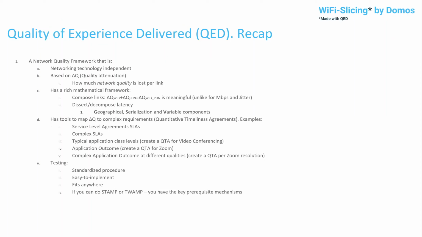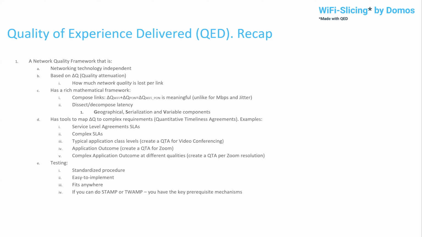There's also a rich mathematical framework around it, and you can compose links, adding them up. So, adding the Wi-Fi link and the fiber link up makes sense, which it doesn't for things like megabits per second and jitter. There is also ways to dissect and decompose latency, figuring out what is causing it.